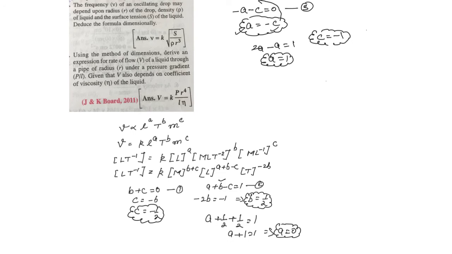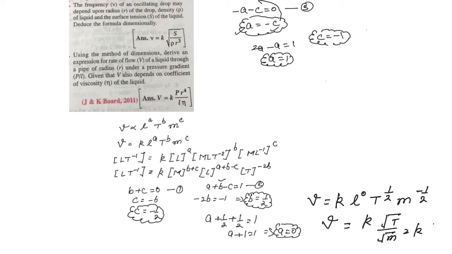V equals K L^0 T^b. b is half, and M, mass per unit length, c is minus half. So V will be K under root T upon under root M. So we can say V equals K root T upon M.